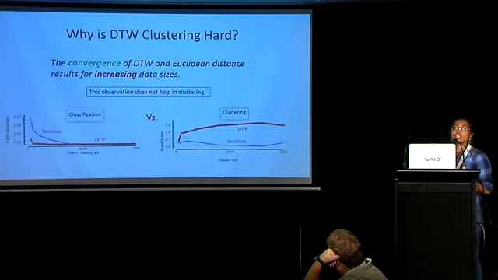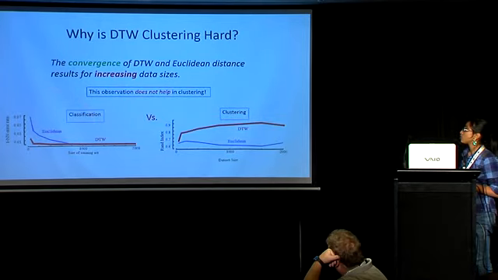Now, the question is, okay, DTW clustering is important, but why is dynamic time warping clustering hard? Typically in the time series literature, if you want to do classification or motif discovery, there is a common assumption that with increasing dataset size, the performance of dynamic time warping and Euclidean distance converges. What do we mean by that?